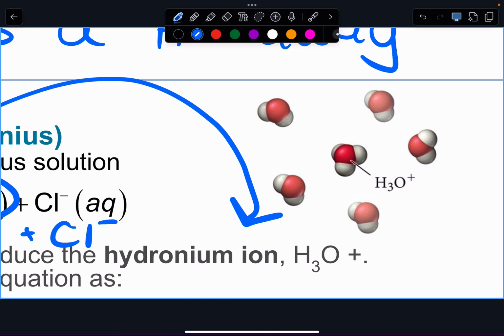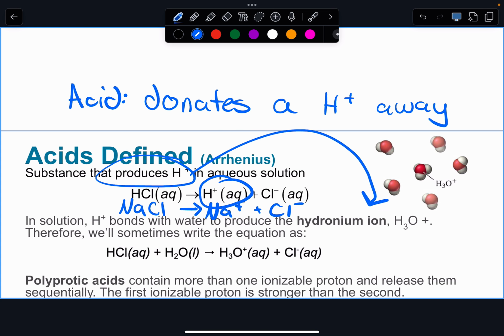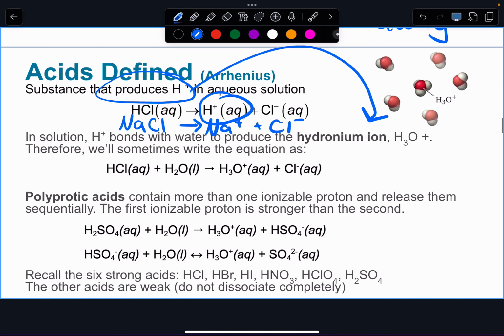So sometimes people will refer to the acid donating its proton as just H+, being the product, but a lot of the time we will think of it as H3O+. You can see down here, the equation is written a little bit differently. And I prefer this method. Now we're looking at the products being H3O+ and Cl-. It's the same thing.